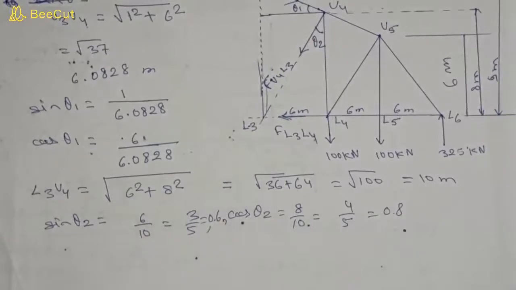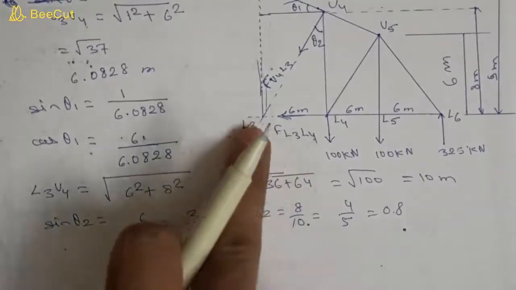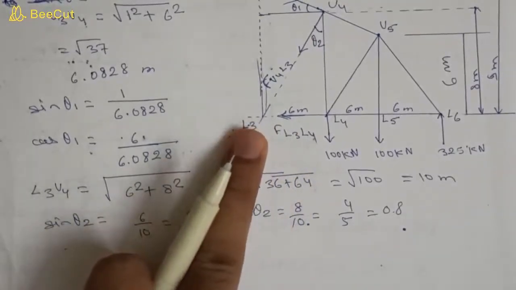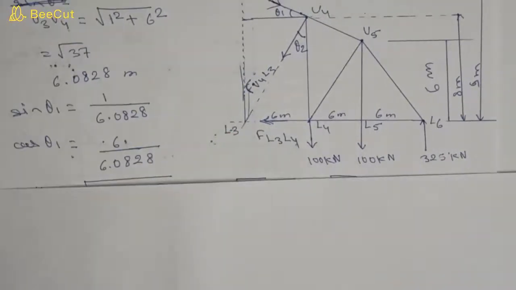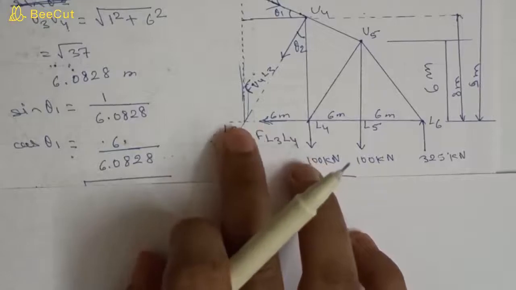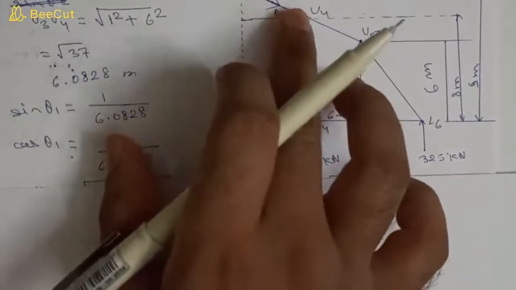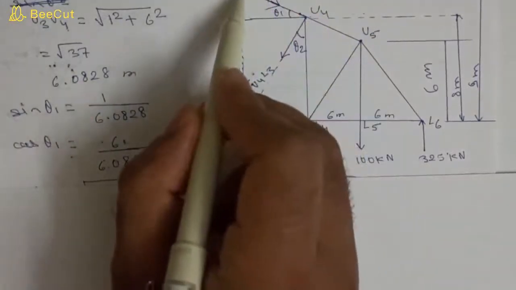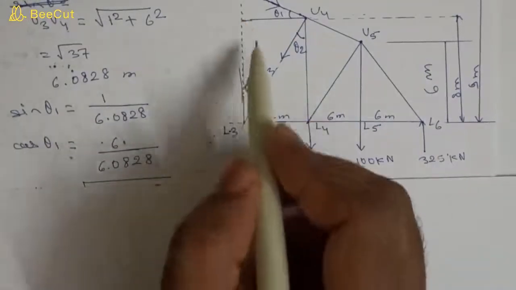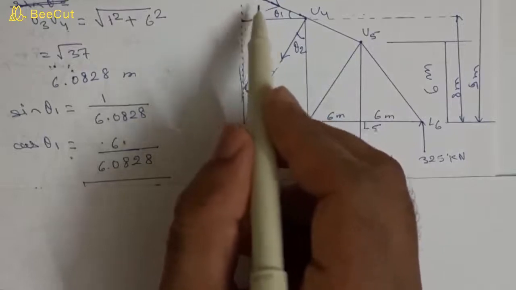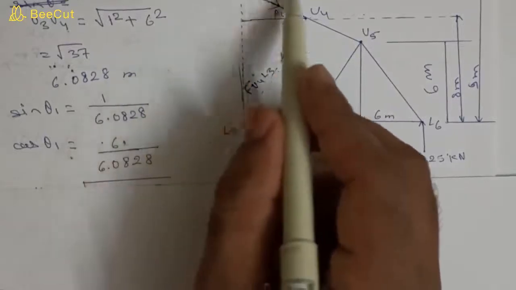Now let's take moment about this point L3. So moment about L3 will become 0. If we take moment about L3, then F U3 U4 is passing through this point, so its vertical component will pass through L3, so its moment will be 0, but its horizontal component will not pass through here.